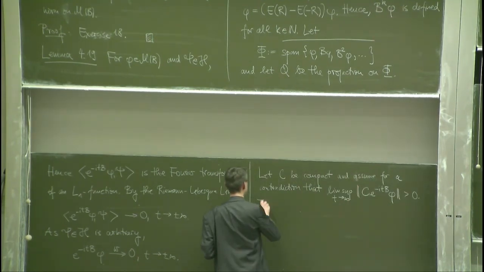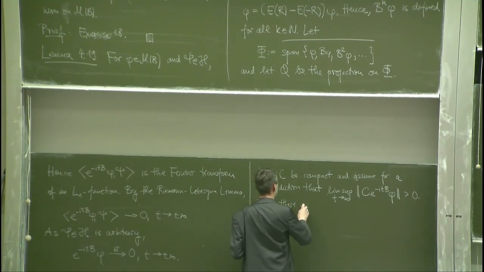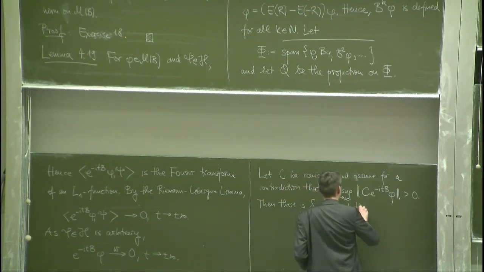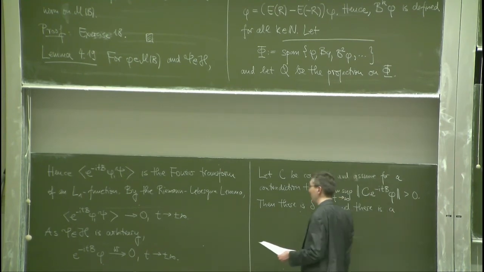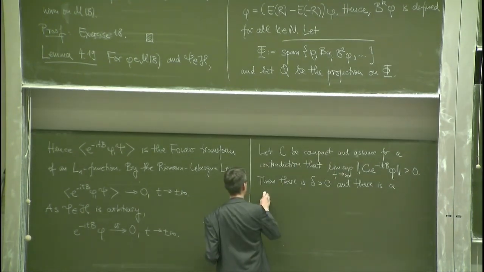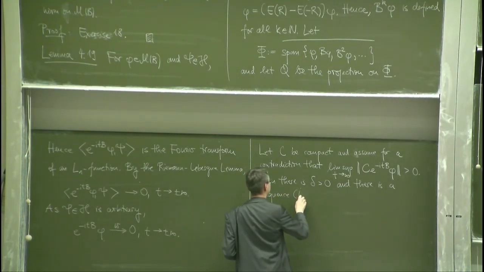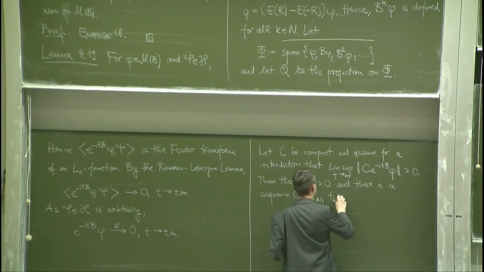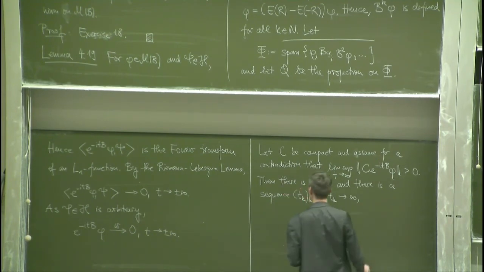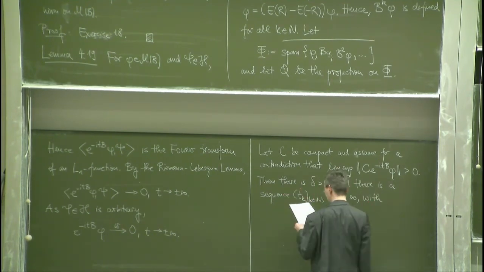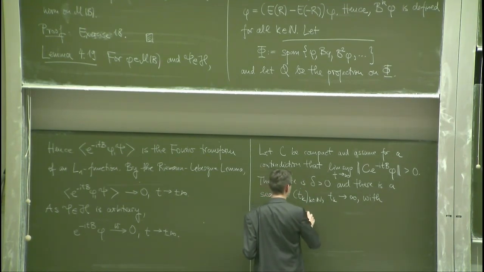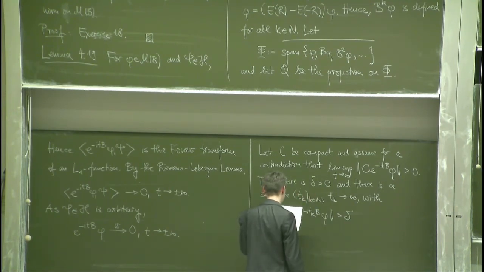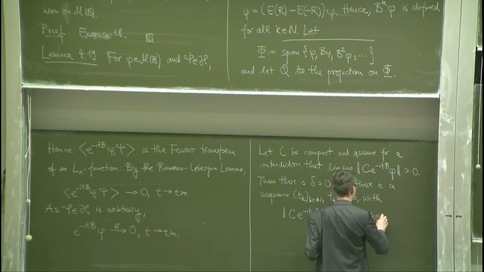Then there is delta positive and there is a sequence of t's, let's say t_k, k in N, such that the t_k go to infinity, with the property that the norm of C exponential minus I t_k B phi is bigger than this delta for any k in N.